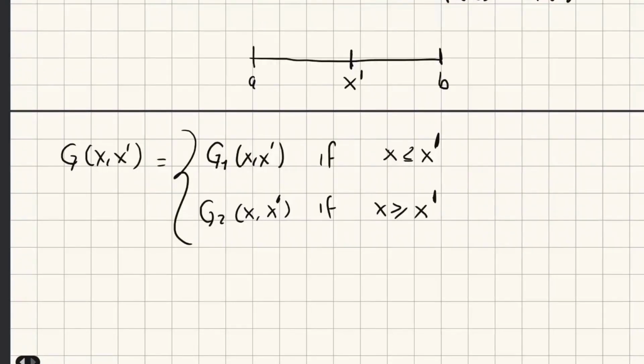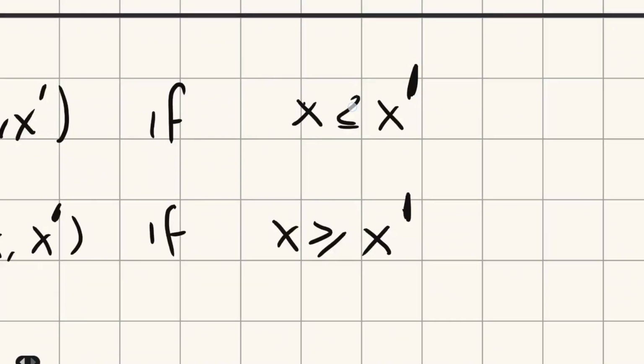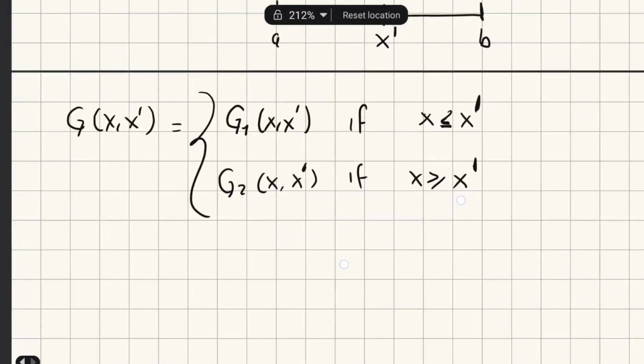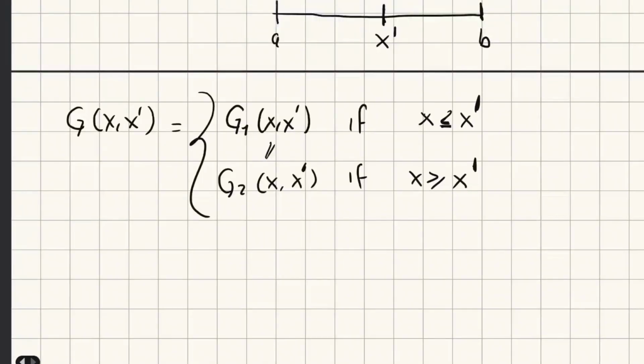Remember that we know the Green function is continuous at x prime, so these two functions are going to be equal at x prime. That's why I wrote less than or equal to x prime, because these two functions are equal at that point.